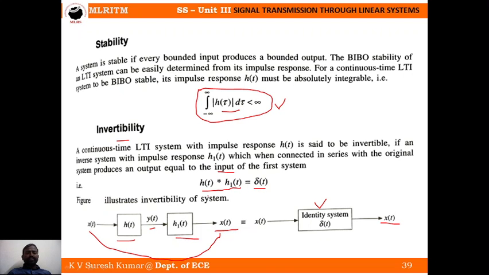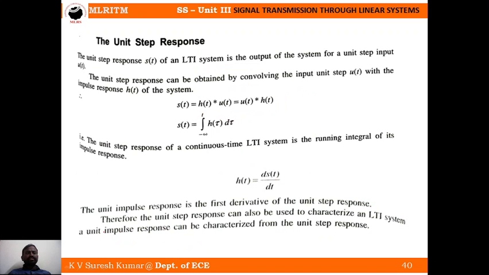So if this is the second system h1 of t and this is the first system h of t, and the output of h1 of t is the input of h of t, that is the first system's input, then it is invertible.